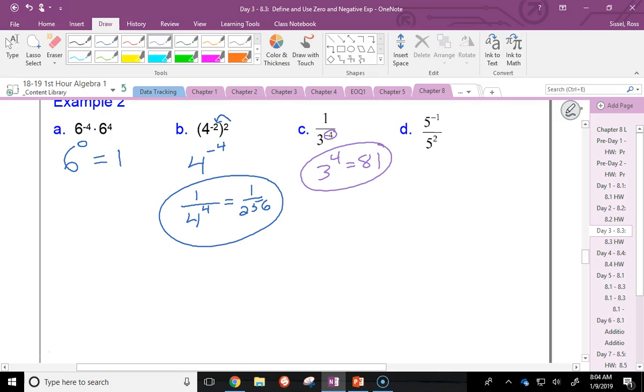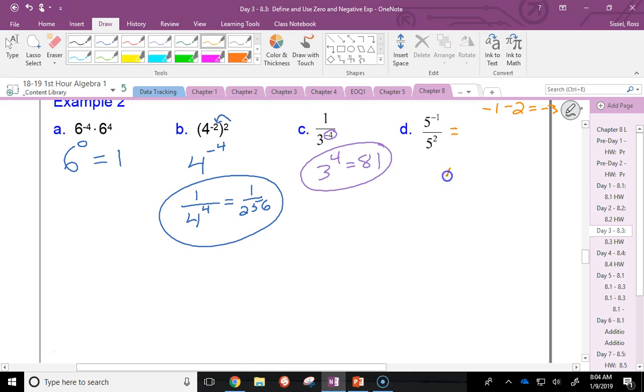And this one seemed to trip a couple people up. Okay, there's multiple ways to solve it, which is okay. Personally, since I have the same base and we're dividing, that rule that we looked at, if you look at your sheet, I'm going to subtract my exponents. So I had a negative 1 for an exponent, and then I had 2. So negative 1 minus 2 is negative 3.